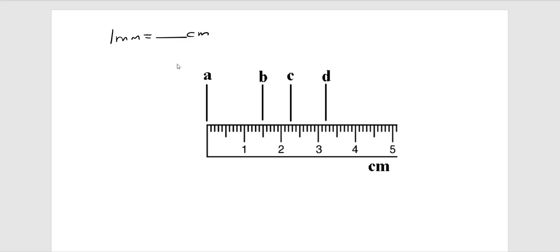Now we have also learned how to convert, and we can use a conversion chart. But I wanted to show you another way. And that is, we can work out what each unit is worth in terms of centimeters by first getting your whole centimeter. We've got 1 centimeter, okay?